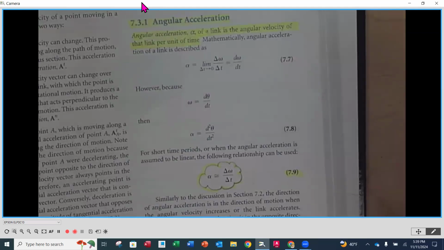Now we're looking at angular acceleration. We're looking at that angular velocity and wondering how much it is speeding up or slowing down. So it's just the change in angular velocity. Instead of straight line motion, we're looking at things that are rotating.